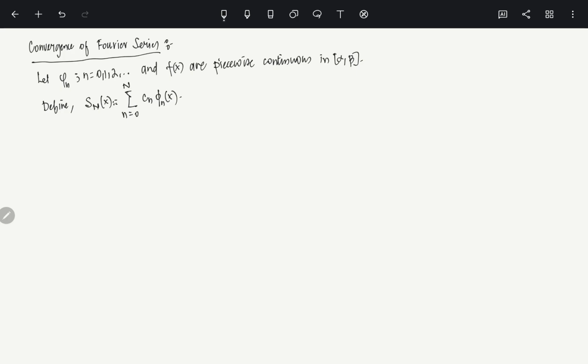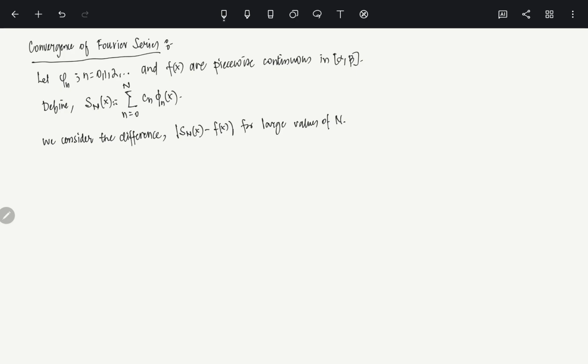Now we consider the difference SN of x minus f of x for large values of capital N.